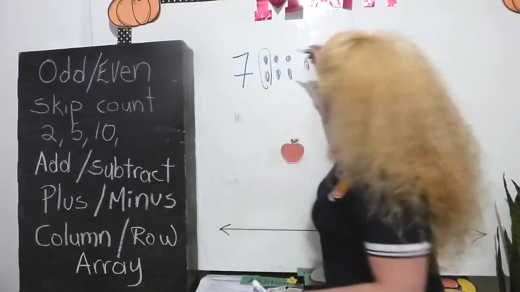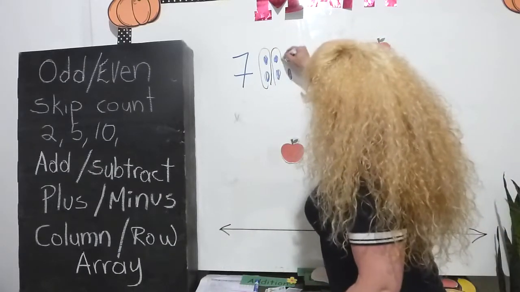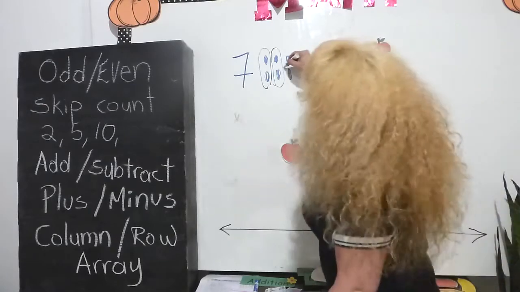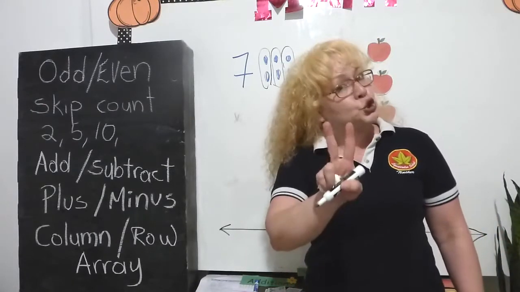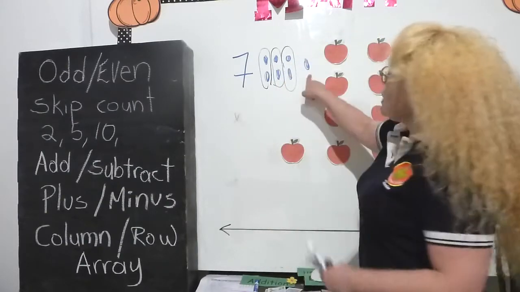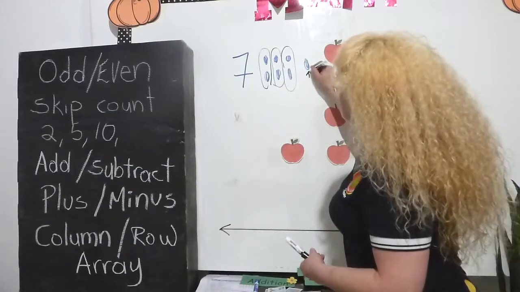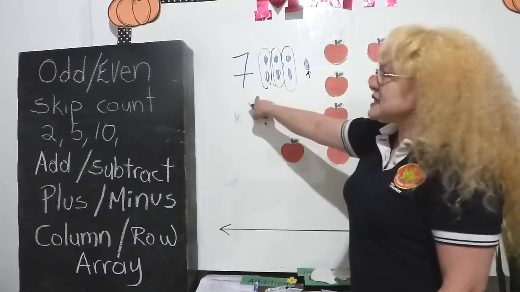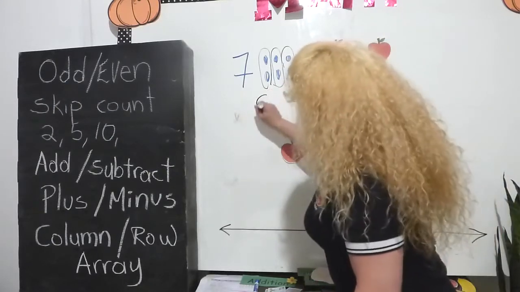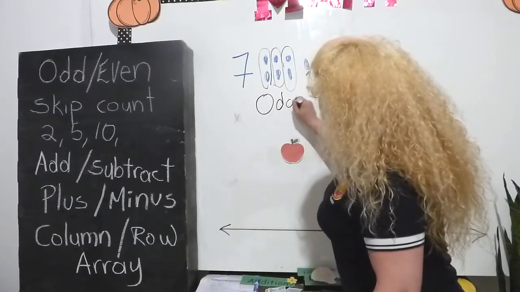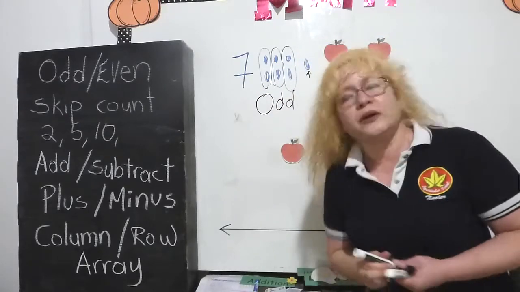Pair, pair, pair. Remember that pair means 2. Okay, so I have one left. Woohoo! That means that number is odd. Very good. So 7 is odd.